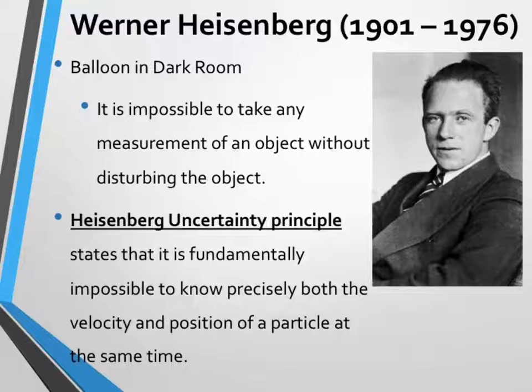So what you need to know is that Heisenberg said you can know the velocity of an electron, or you can know the position where that electron may be, but you cannot know both at the same time. You cannot know the speed and the position at the same time. You can know one or the other.